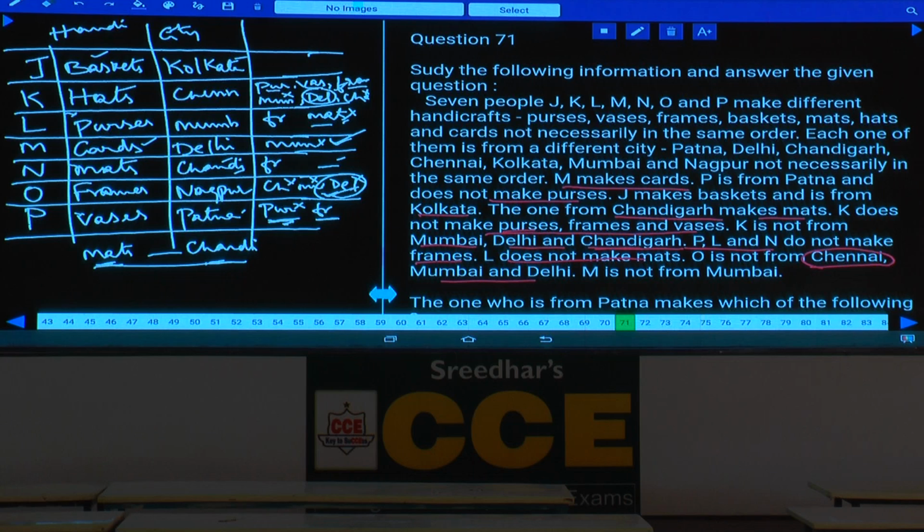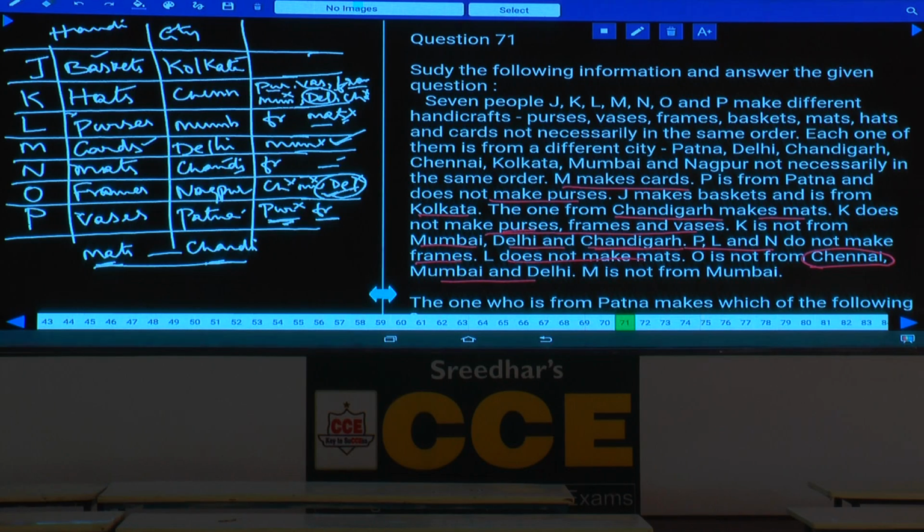Basket, hat, purses, cords, mats, frames, wages, top to bottom. And the cities are Kolkata, Chennai, Mumbai, Delhi, Chandigarh, Nagpur and Patna. Done? Then questions 76 to 80.